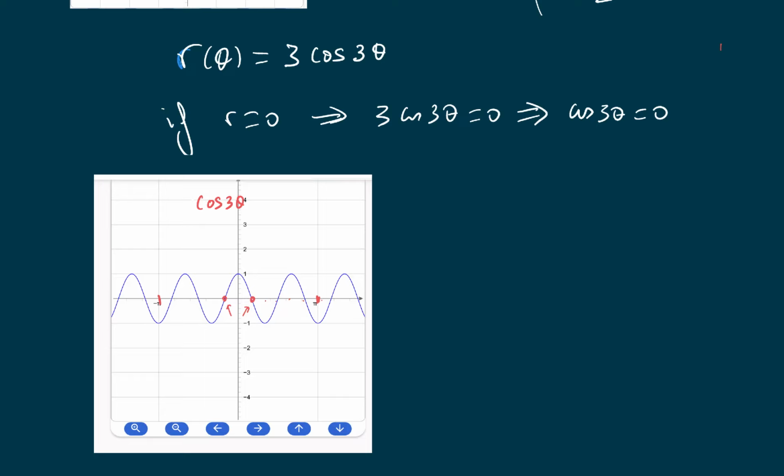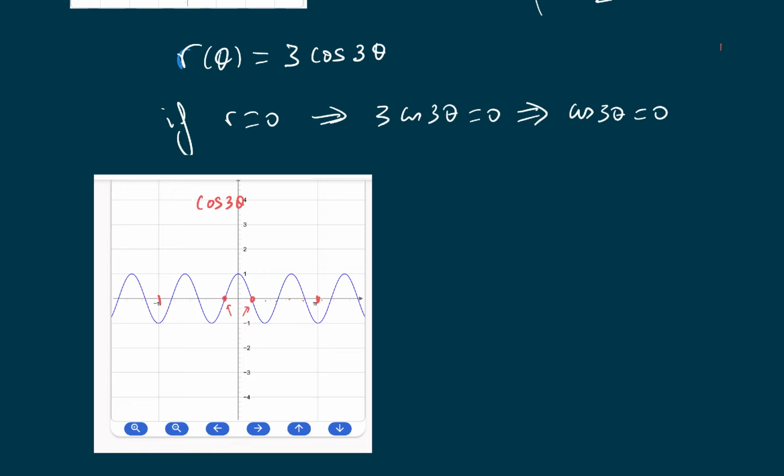Looking at the graph, we see that if this is pi, this is one part: from the top to 0, from 0 to the bottom, from the bottom to 0, from 0 to the top, from the top to 0, from 0 to the bottom.